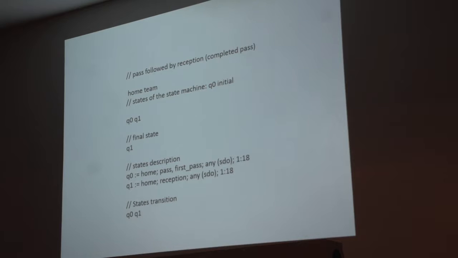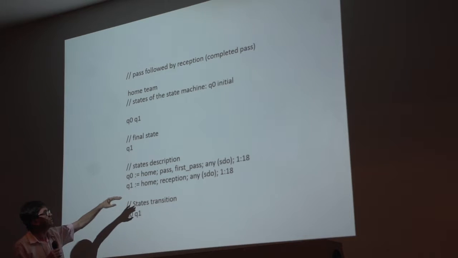This is a grammar. It's a program that looks for exactly the sequence defined here. We have an initial state, a final state. We have definitions of the state here. This is very simple, but it could be more complex. It could be a sequence with definitions of each state of the sequence.